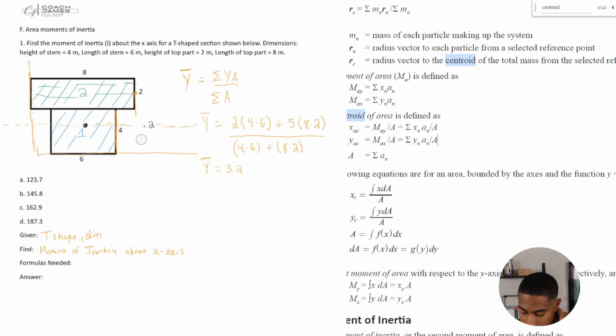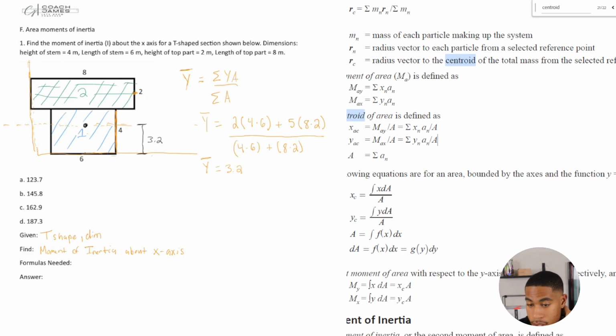I don't want to confuse you, so I'm going to erase some of these lines that have been drawn. For simplicity purposes, the distance from here to the bottom is 3.2, and that's the centroid of the entire piece.